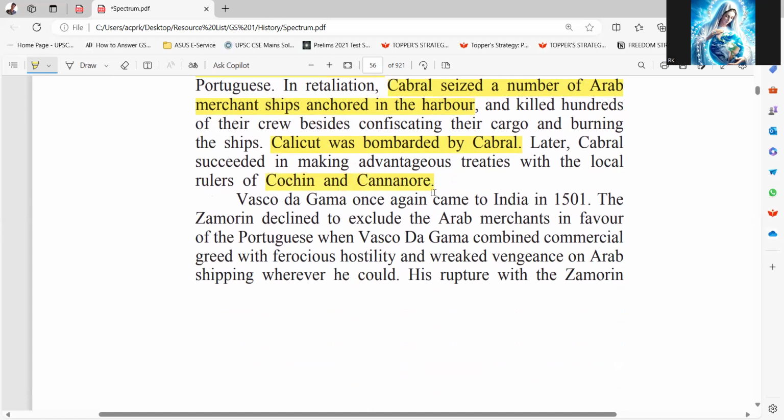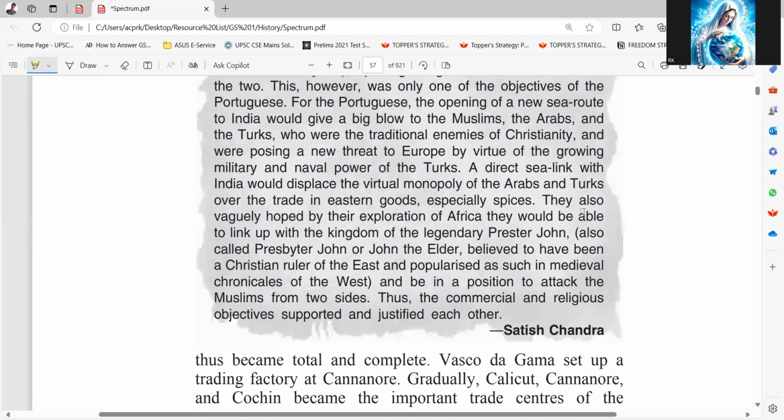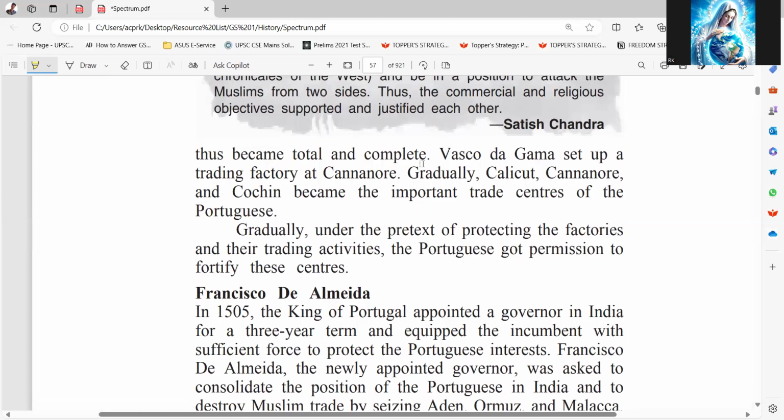Vasco da Gama once again came to India in 1501. The Zamorin declined to exclude Arab merchants in favor of the Portuguese, when Vasco da Gama combined commercial greed with ferocious hostility and wreaked vengeance on Arab shipping wherever he could. His rupture with the Zamorin thus became total and complete.